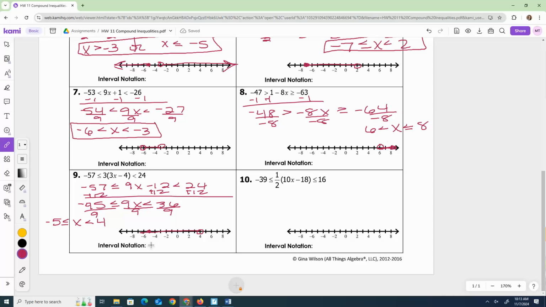Alright, number 10. Noah, why don't you do that one? Distribute the 1/2. So we get -39 less than or equal to 5x minus 9 less than or equal to 16. And then add the 9.